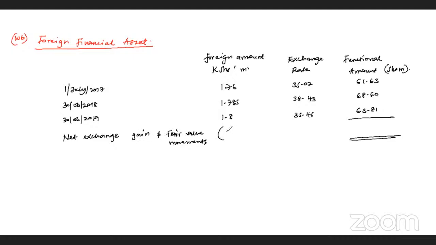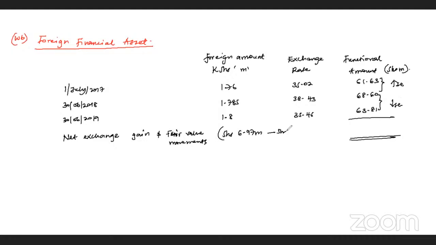Initially, we have an increase in fair value of 6.97 M, the difference between these two values. Then minus the decrease, because here it's an increase, but then here it's a decrease.